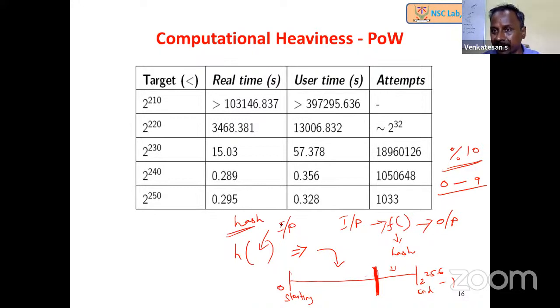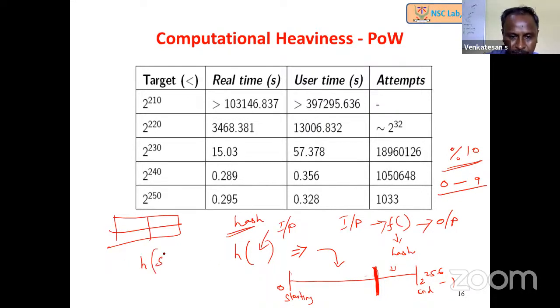And what is the input in case of the blockchain? We have the block. It contains certain parameters. So now we see the input to this hash function as two parts: static and dynamic.